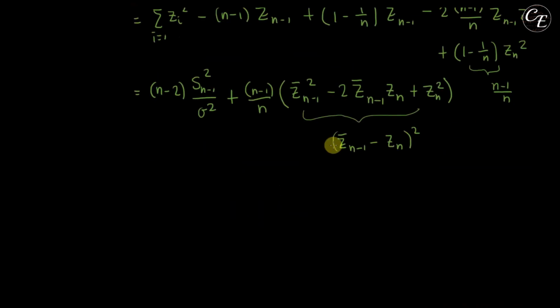Similar to what we have done before, let me put this one inside of the square in here. So we have here n minus 1 raised to 1/2 over n raised to 1/2 times z bar n minus 1 minus z sub n. Then we have here squared, which is for this whole term. So we have this one.